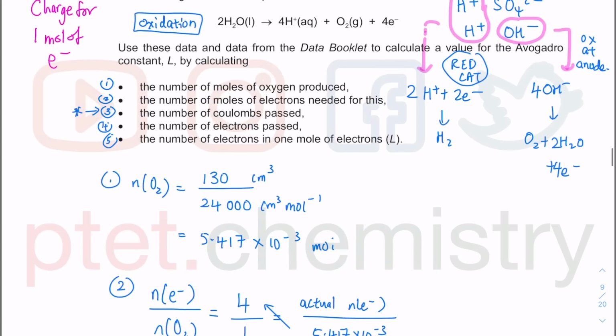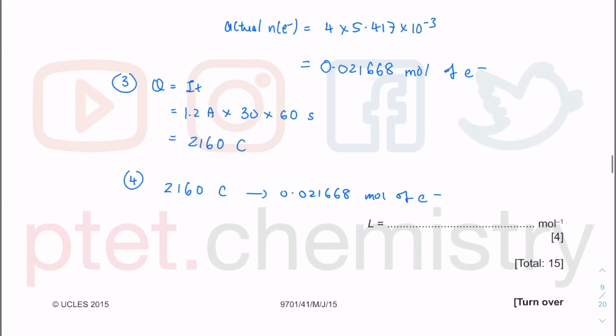We want to find the number of electrons that are passed. We know that the charge of 1 electron stated in the data booklet is 1.60 times 10 to the minus 19 coulomb.